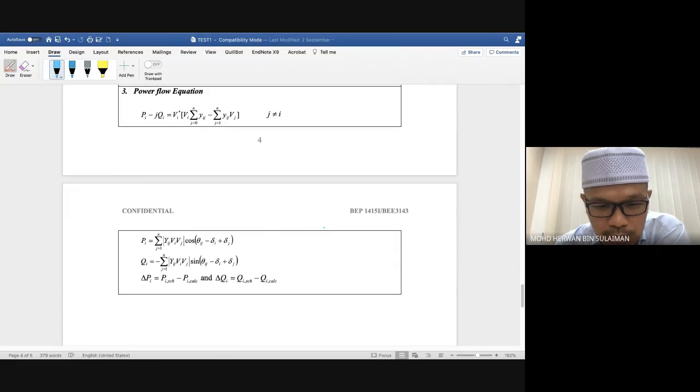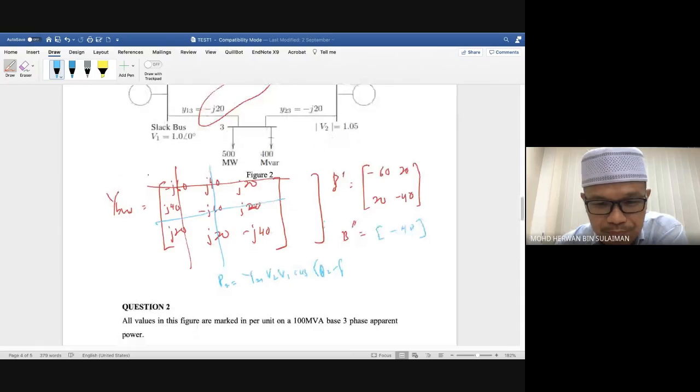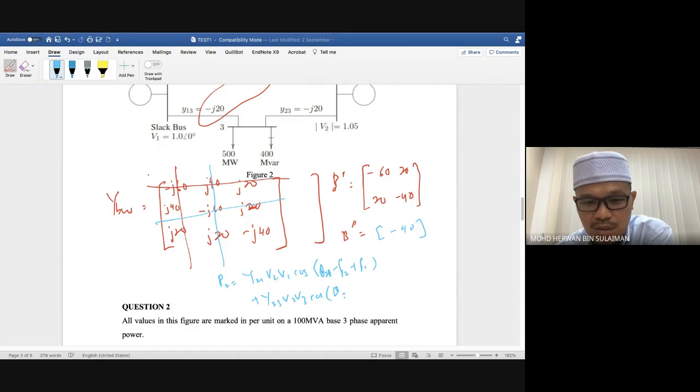Theta 21 minus theta 2 plus theta 1, okay. Theta 21, Y21 minus theta 2 plus theta 1 plus Y23 V2 V3 cos theta 23 minus theta 2 plus theta 3.